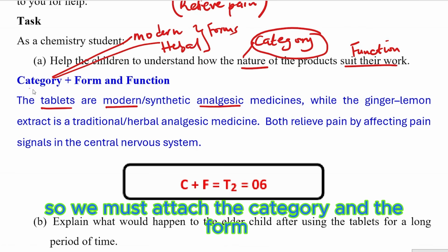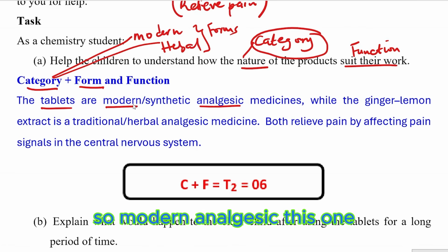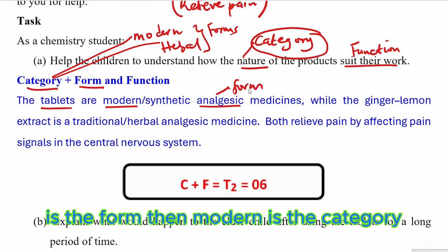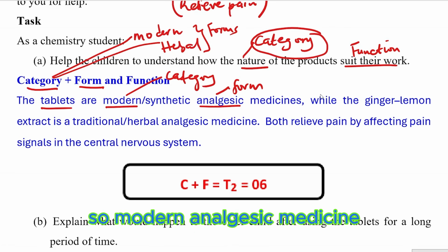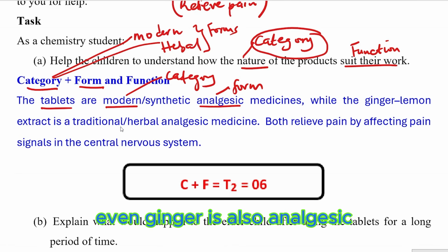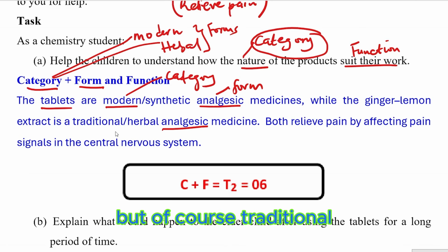So we must attach the category and the form. So modern analgesic, this one is the form, then modern is the category. So both must appear to receive the score for categorizing. So modern analgesic medicine, even ginger is also analgesic, but of course traditional.